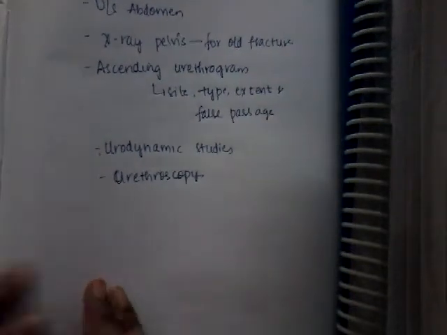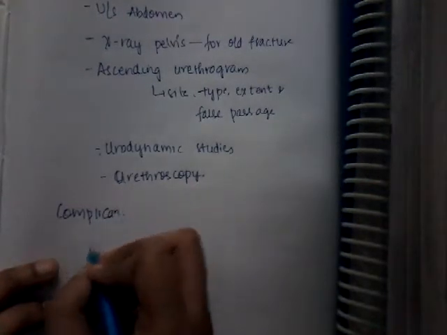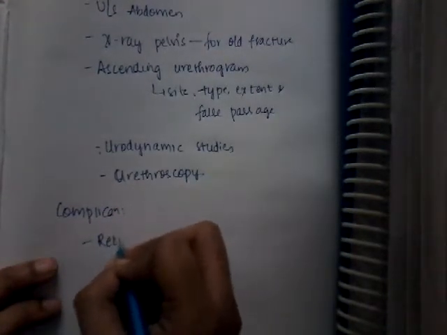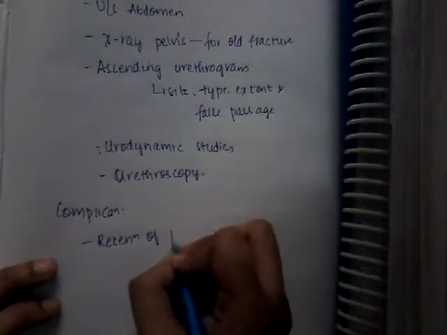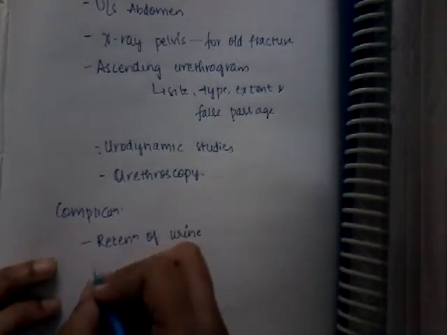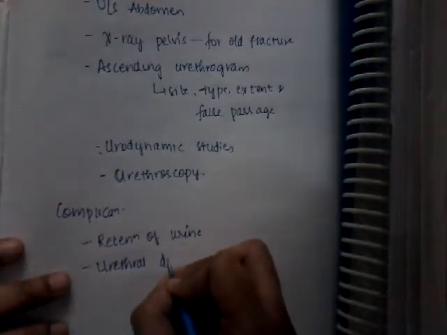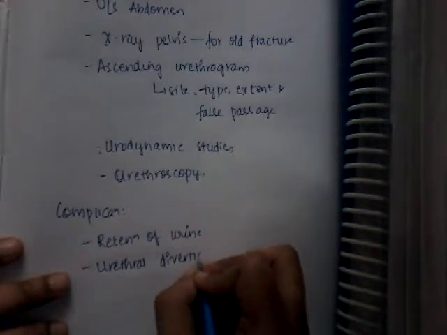Now, what are the complications of stricture urethra? The major complication of stricture urethra is retention of urine, number 1. Then, urethral diverticulum. Because of increased urine, there is a chance of urethral diverticulum.